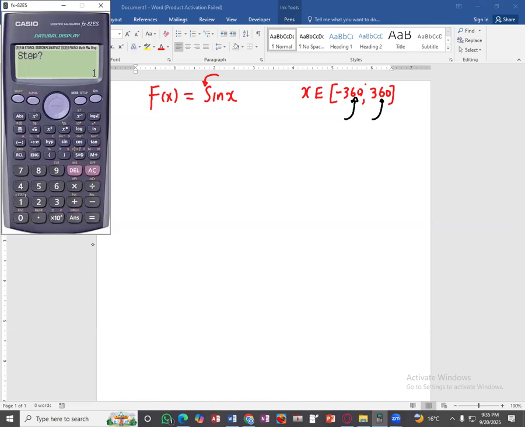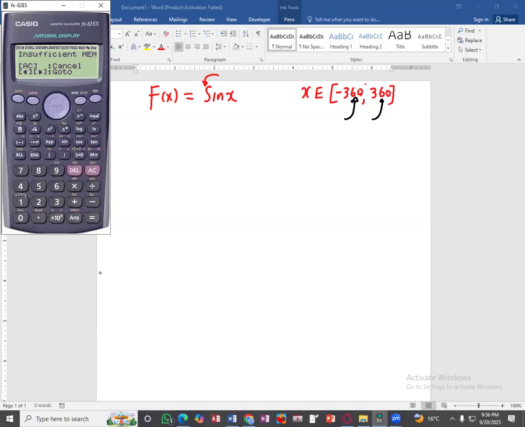I know why I'm choosing the step of 15. You will never go wrong when you sketch the graph. Always pick 15. So now you pick 15 and say equals. The calculator says insufficient memory. So the calculator says you are asking too much.